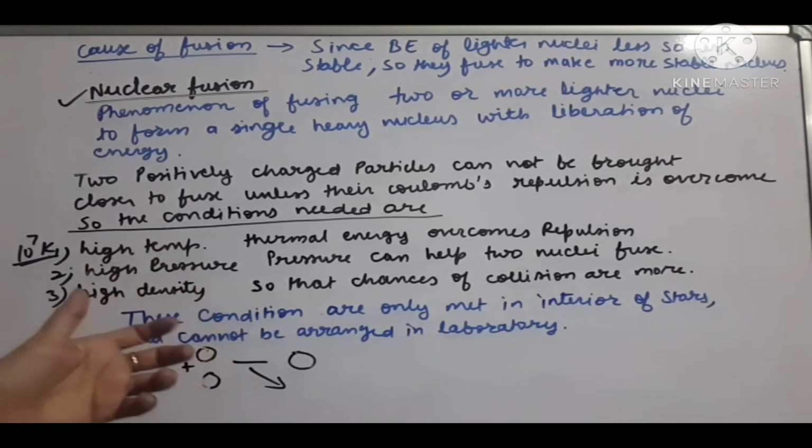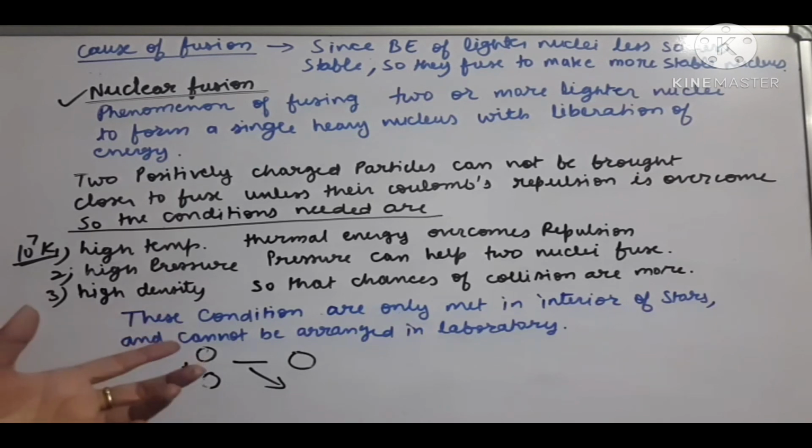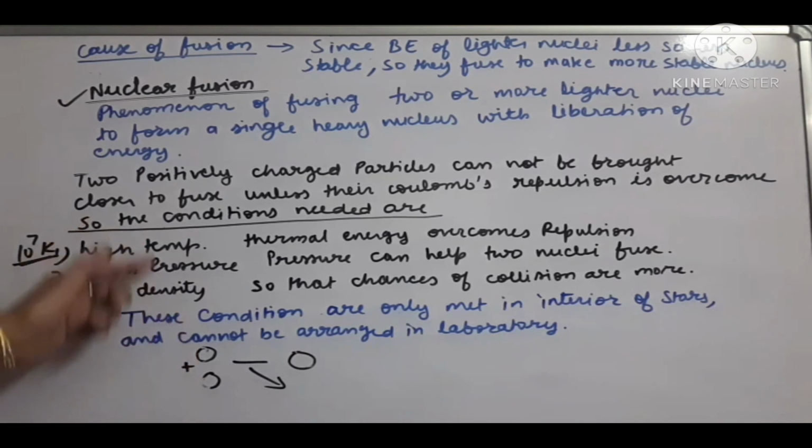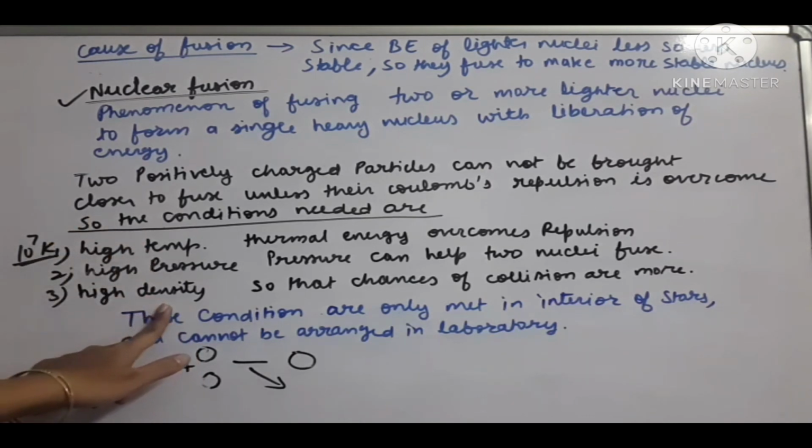In the sun, high abundance of hydrogen and helium, that is, lighter nuclei, is already there. High pressure is also present. So these conditions are present on the sun, and there the fusion reaction takes place.